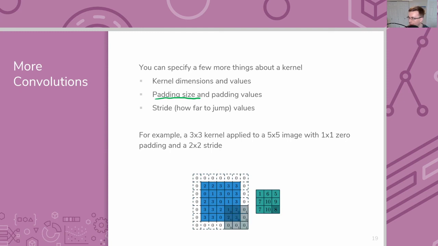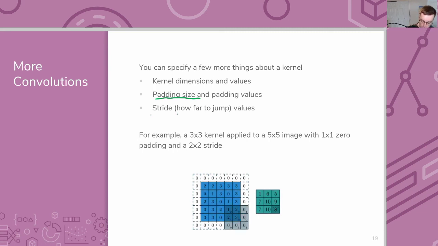I've put padding of one row and one column that lets us start further at the top of the image so we can gather more pieces from this. See what I mean? From this image, we made a new, larger image, which gives us more spaces to store our results so we can get more values. So how big you want that padding to be is another choice you could make. Which values you put in the padding is also another choice. Should you put zeros? Or should you somehow try to infer something from the image?